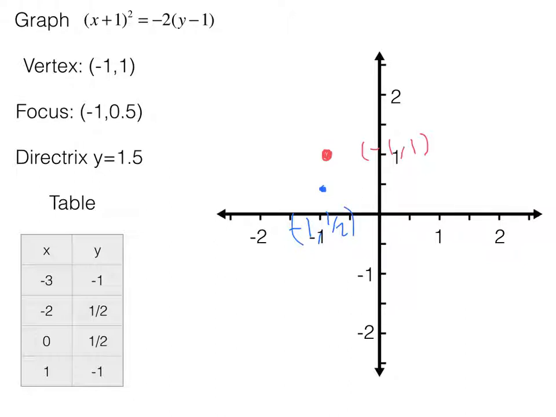Plot the other points from the table. Connect the parabola. And then finally, we are going to put the directrix onto our graph, and that's going to be a horizontal line at y equals 1/2.